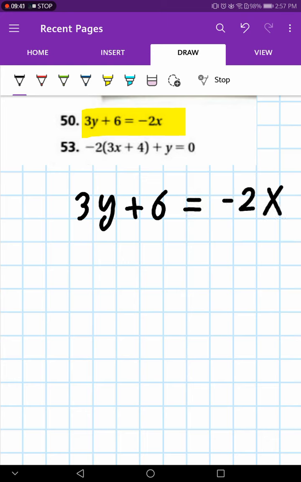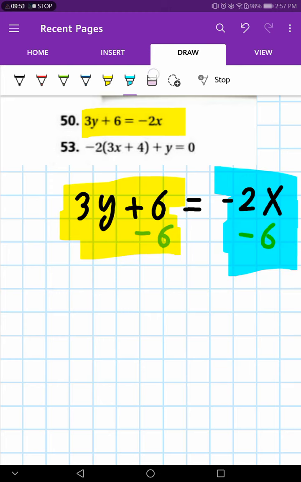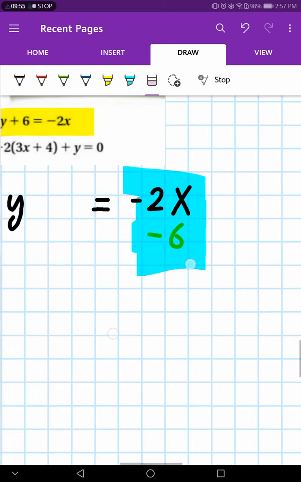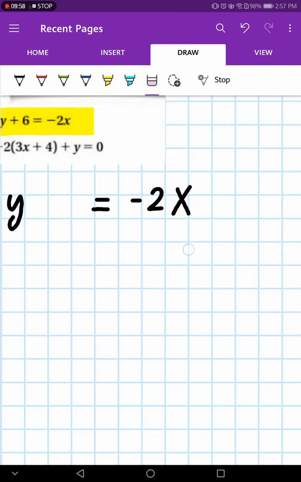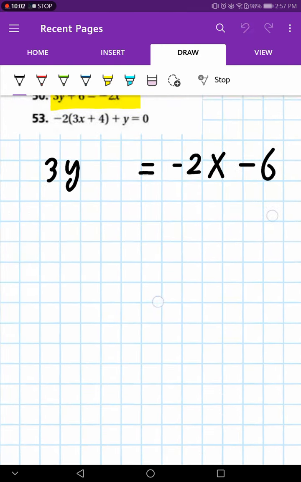Okay. Now Ayman said we have to subtract 6 here and 6 here. We know that this is the left side and this is the right side as we learned before, yes? So because of this, this will be gone and I will rewrite the negative 6 beside like this. Is that okay?